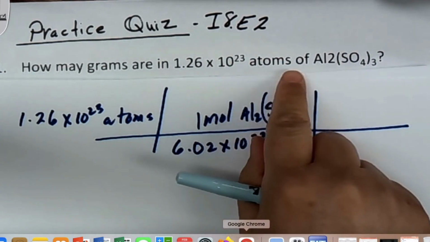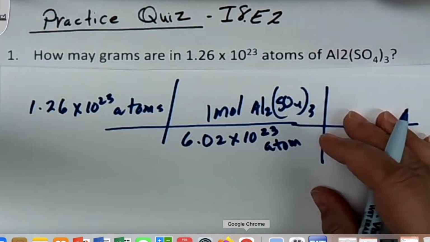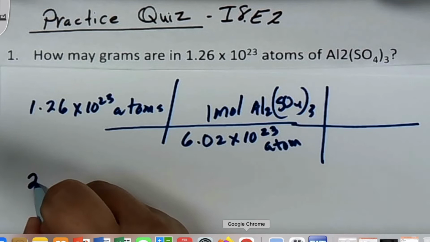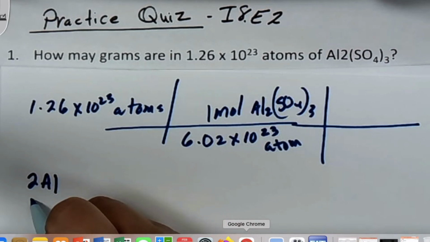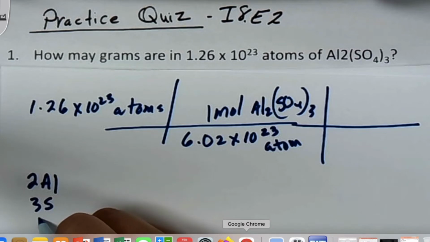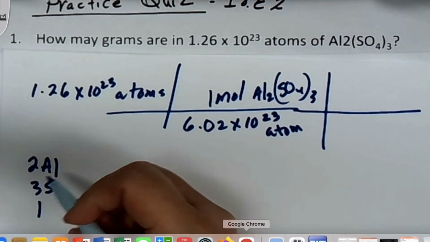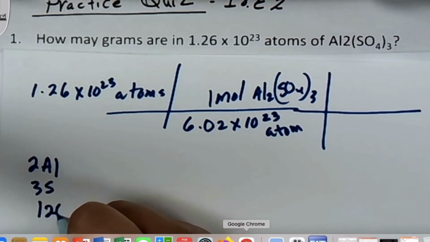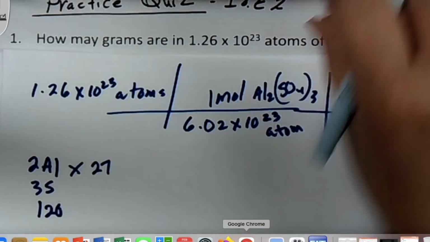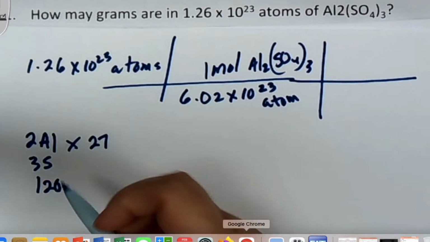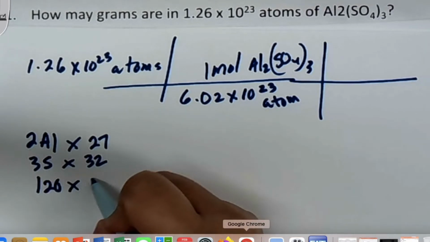And then to get to grams of aluminum sulfate, we have to find the molar mass. So we have 2 aluminum, 3 sulfur, and 3 times 4 is 12 oxygens. Aluminum is 27 right off the periodic table. Sulfur is 32 and oxygen is 16.